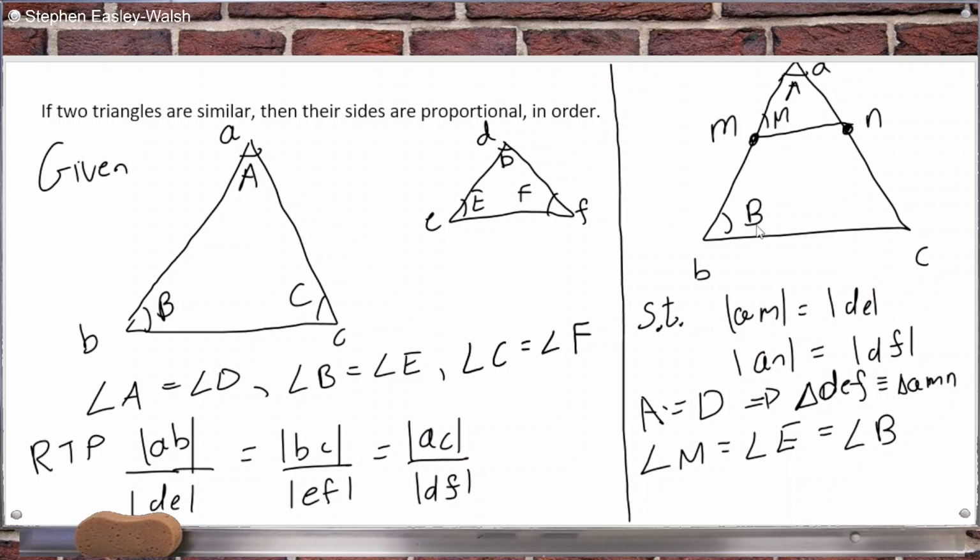And because these angles are equal, from the earlier theorem we know that MN, that line, is parallel to BC, one of the ones we did earlier. Okay, so we know that these lines are parallel then. Good. Okay, we're making progress.